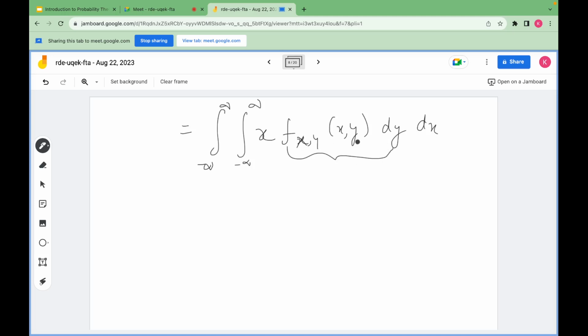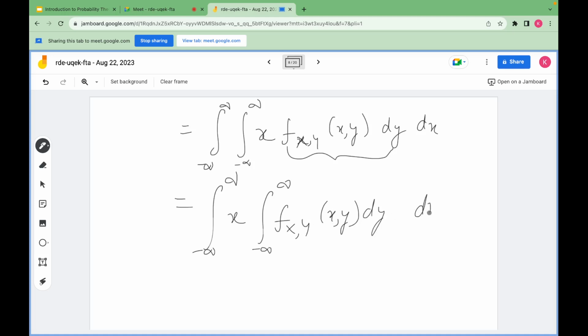When we integrate the joint distribution with respect to y, we get the distribution of the random variable X, that is f_X.